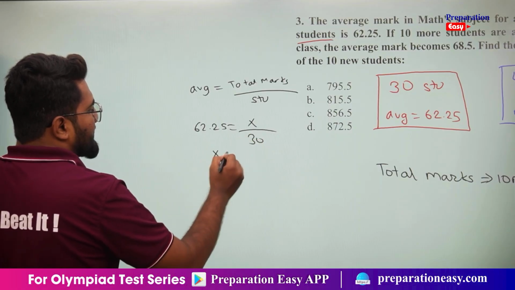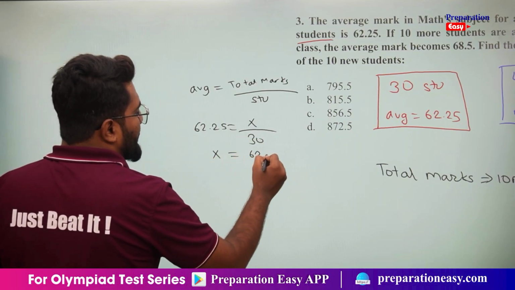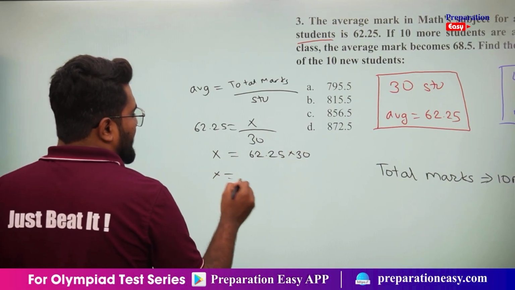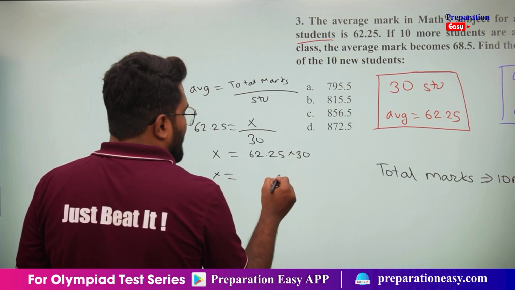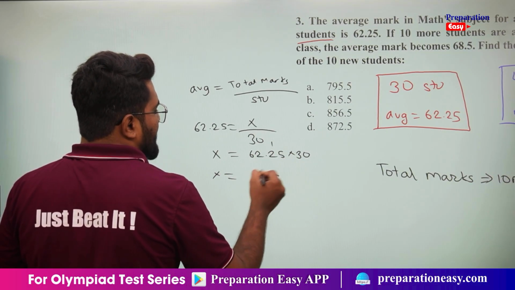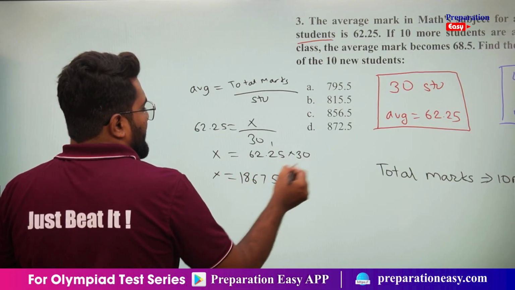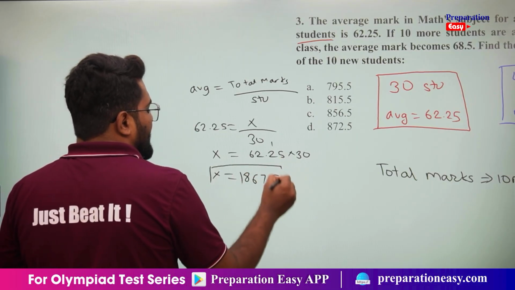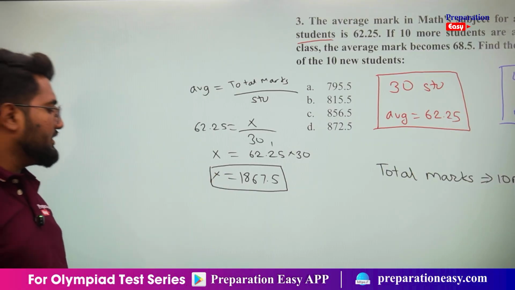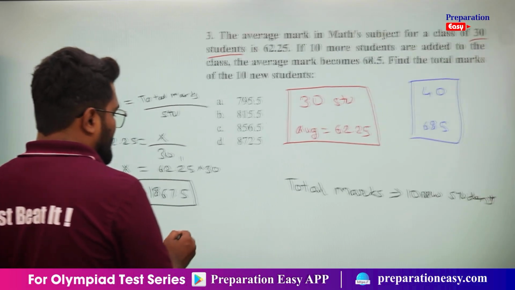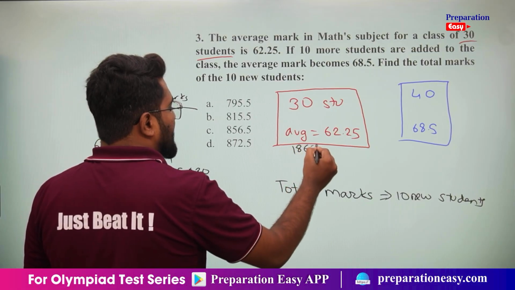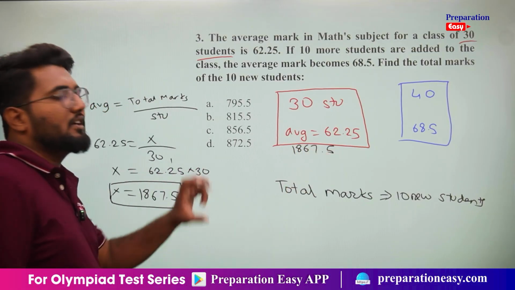So X will be 62.25 multiplied by 30. 3 5s are 15, 5 carry 1, 3 2s are 6 plus 1, 7, 3 2s are 6 and 6 3s are 18. So it will become 1867.5. These are the total marks of 30 students. So I can write it here: 1867.5.